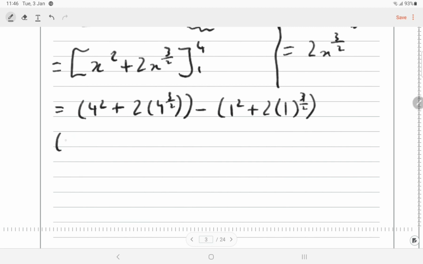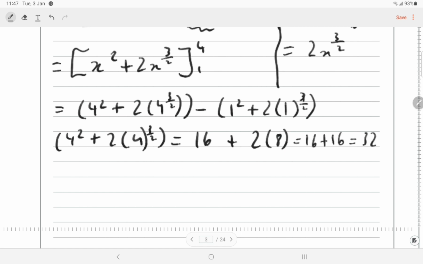So now we can say that 4 squared plus 2 of 4 to the power 3 over 2 is equal to, then let's find out what this expression is equal to. 1 squared plus 2 of 1 bracket 3 over 2 is, remember this is a power, this 3 over 2 is indices just like 1 squared is. So this is essentially 1 plus 2 times 1, that is equal to 1 plus 2, which is 3.